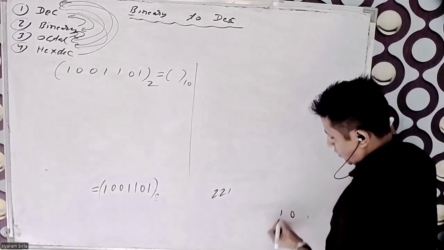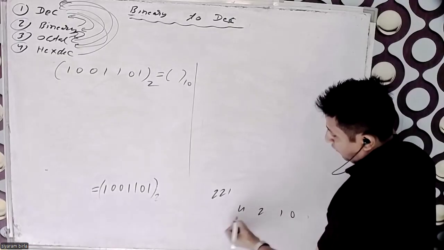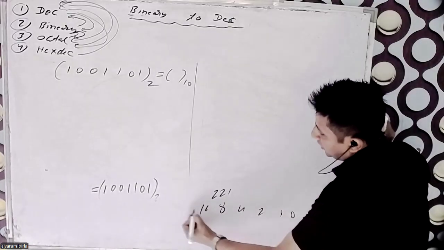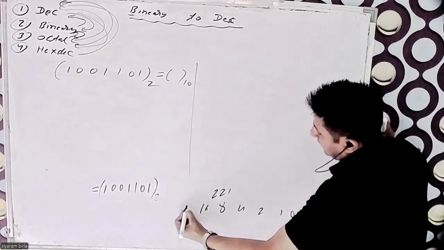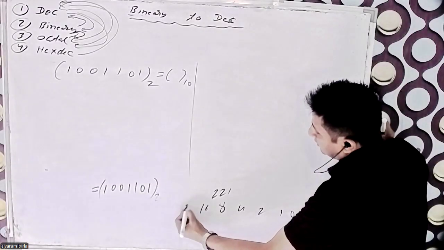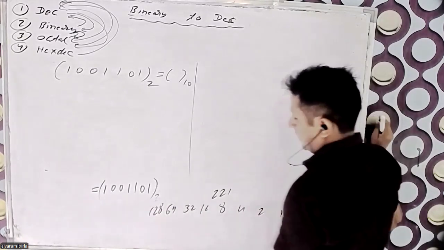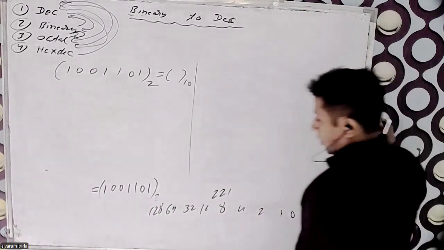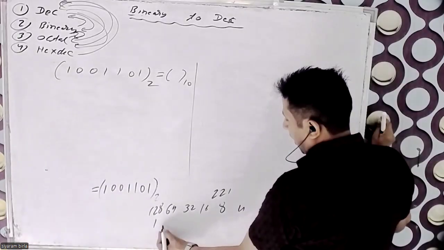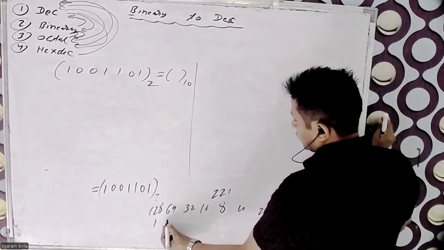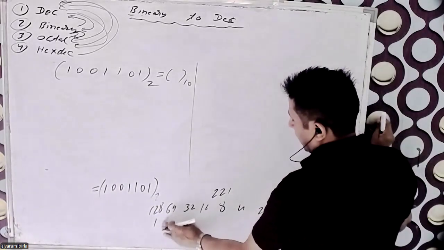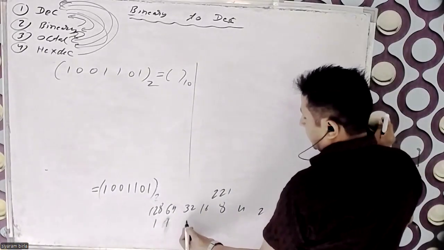It's 1, 2, 4, 8, 16 and 32, 64, 128. So if I make it 1 1, this one is 192, so I can make it 192.